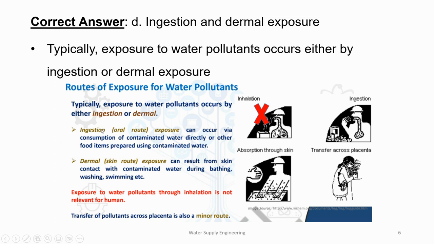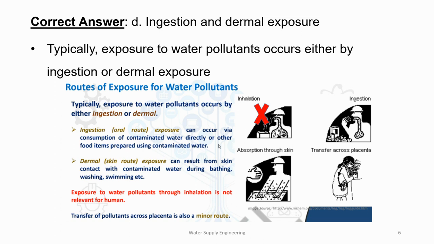So, ingestion means it is oral route. It can occur when we consume contaminated water or food items that is prepared using a contaminated water. Whereas the second one, that is dermal exposure, as I said, it is through the skin.